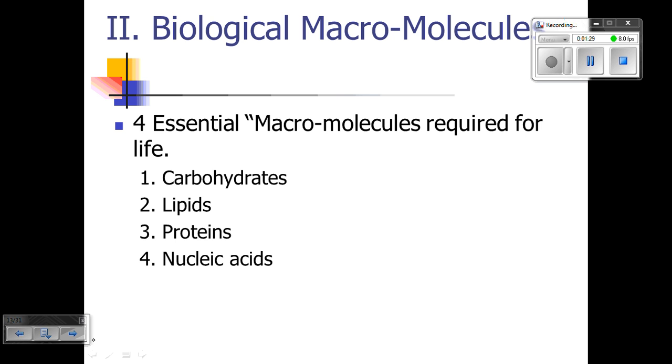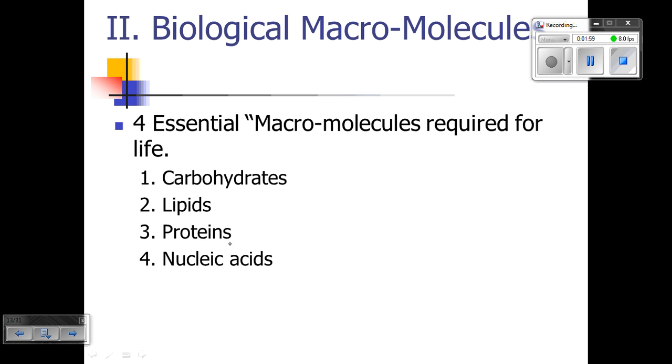So there are 4 essential classes of macromolecules required for life. Those include carbohydrates, such as breads, pasta, sugar. The second class is lipids, which are your fats and your oils, like a piece of fat on a steak, or olive oil or a type of vegetable oil that you guys use in cooking.